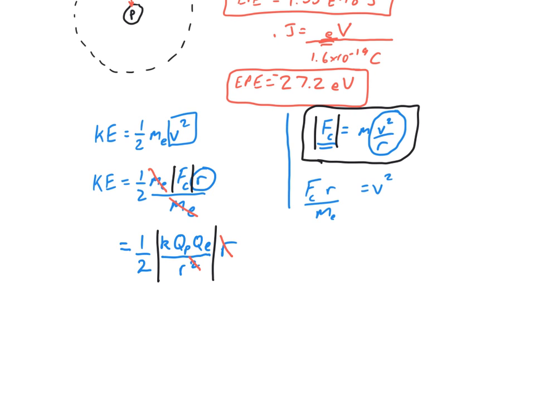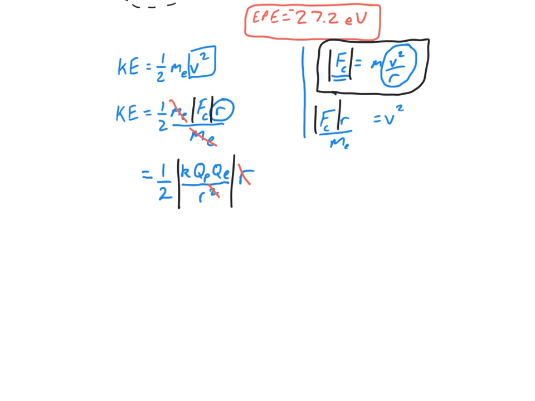Boom. I get 1/2 K, charge of the proton, magnitude of the charge of the electron, divided by the radius.